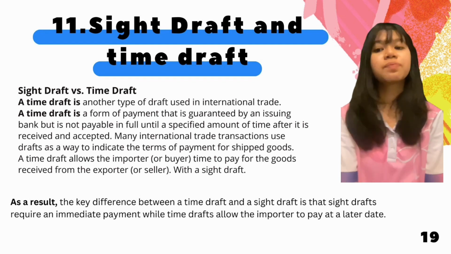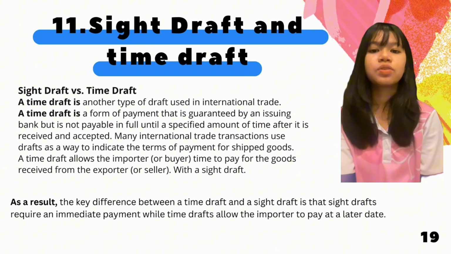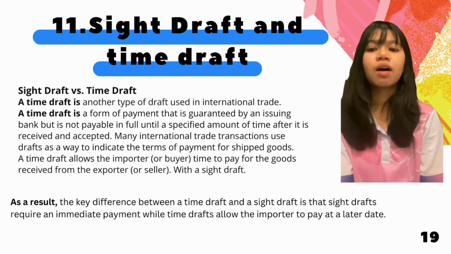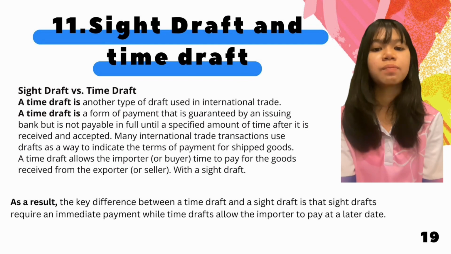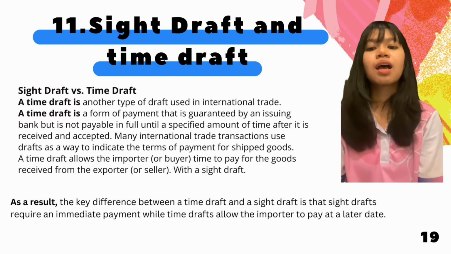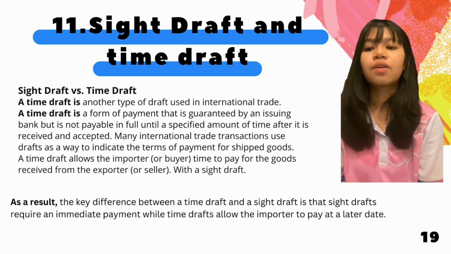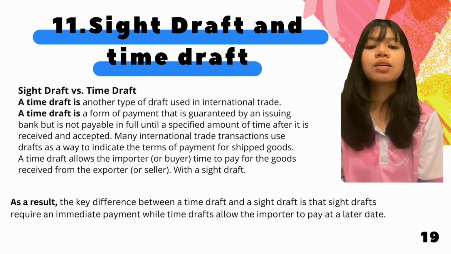Sight draft and time draft. A time draft is another type of draft used in international trade. A time draft is a form of payment that is presented by a bank but is not payable in full until a specified amount of time after it is received and accepted. Many international trade transactions use drafts as a way to indicate the terms of payment for goods.